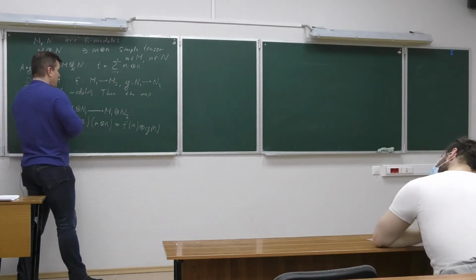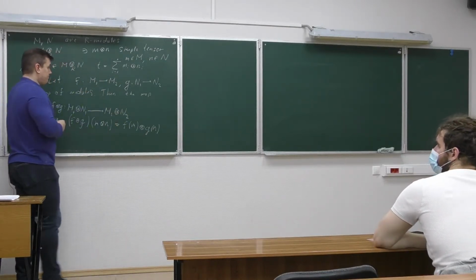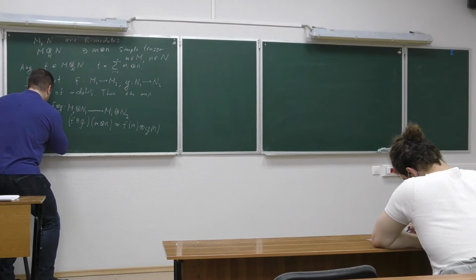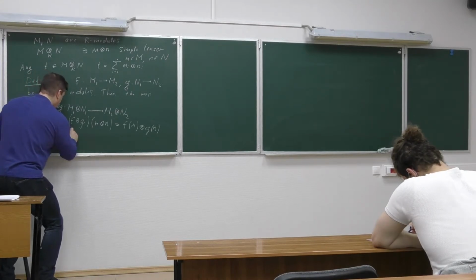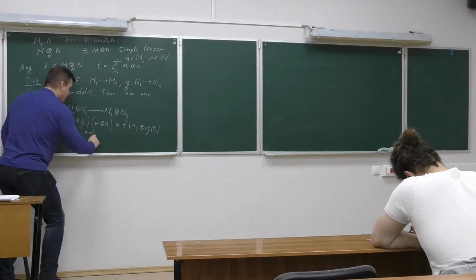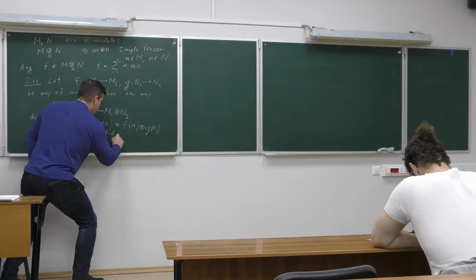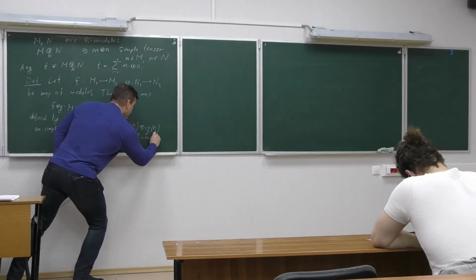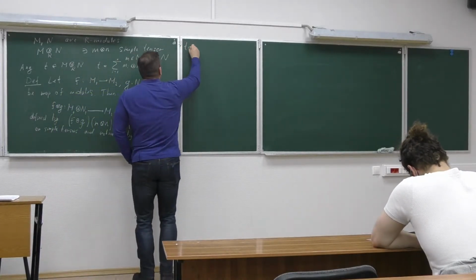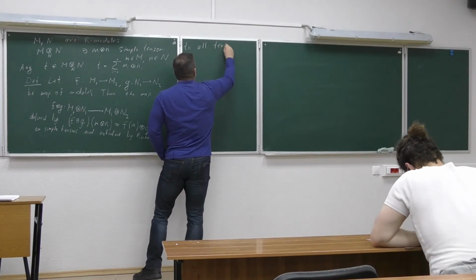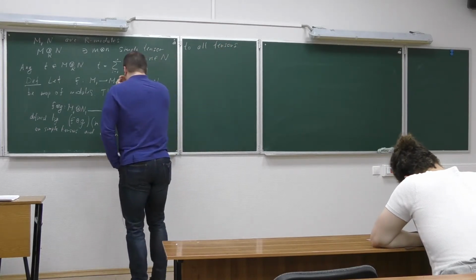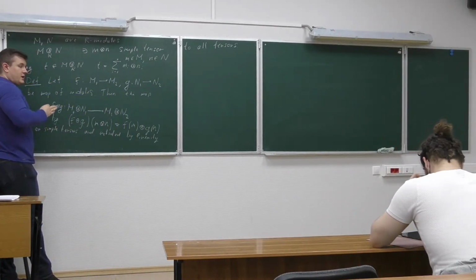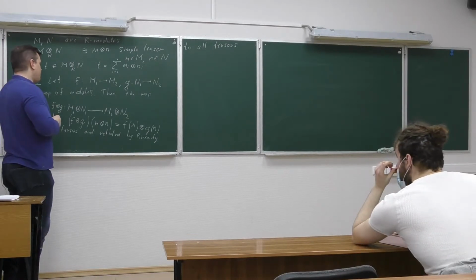And this, of course, is an element in M2 tensor N2. So it is defined by this formula on simple tensors, and extended by linearity to all tensors. Right, so if you have a finite sum of such elements, you know how to compute this on finite sums. You just apply this component-wise to each element in the sum.